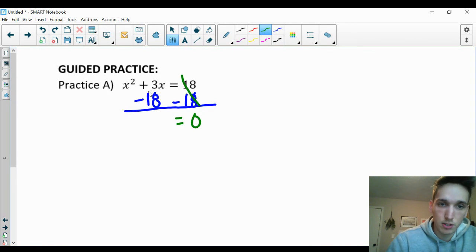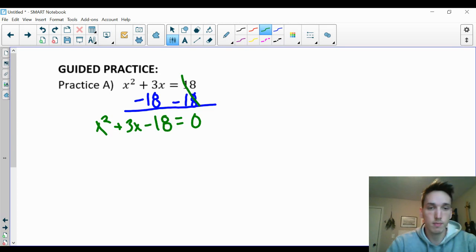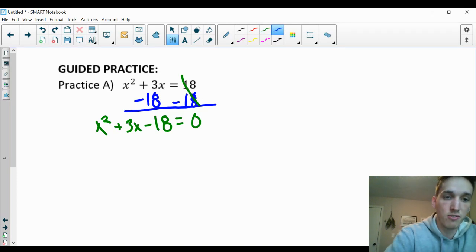Do I have a like term with this minus 18? So it can't combine with anything. That means it's just going to be x squared plus 3x minus 18. So our step number 1 was to get the equation equal to 0, and we did that by subtracting 18 from both sides. Our step number 2 is going to be to factor.